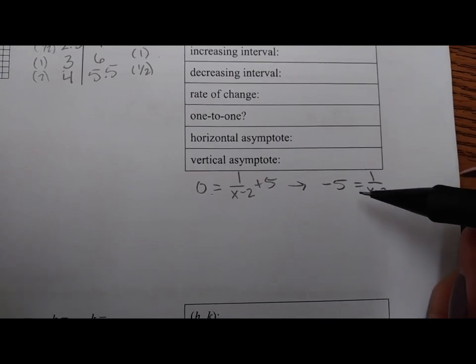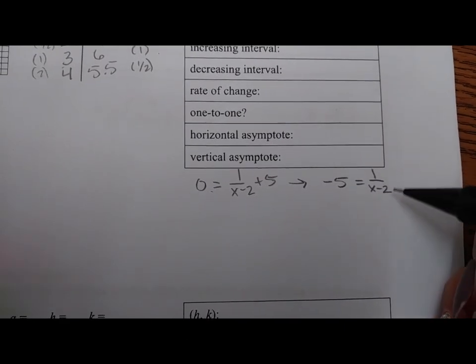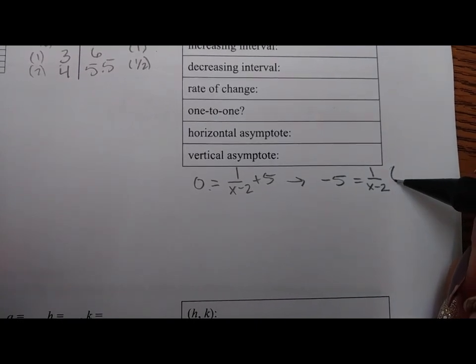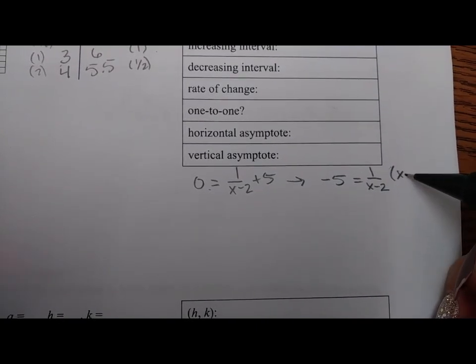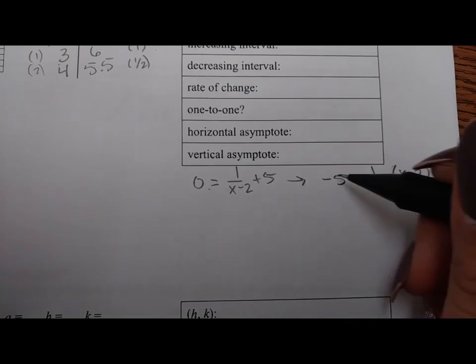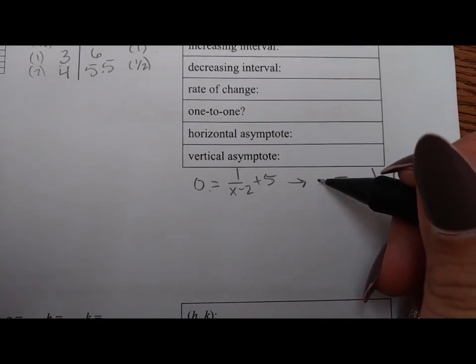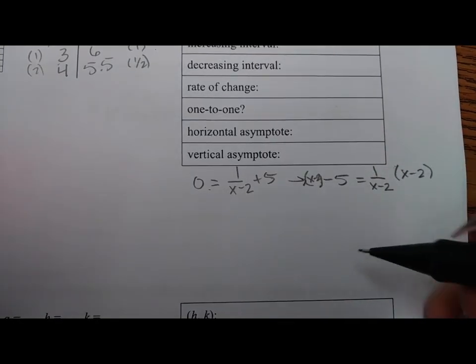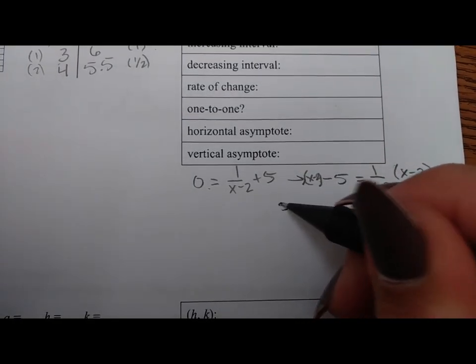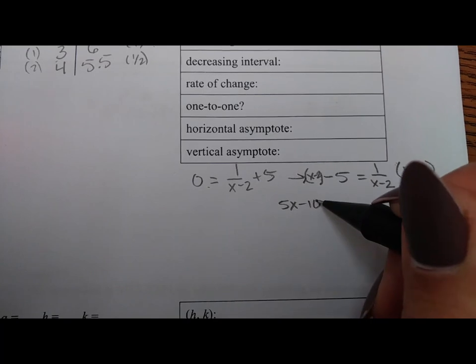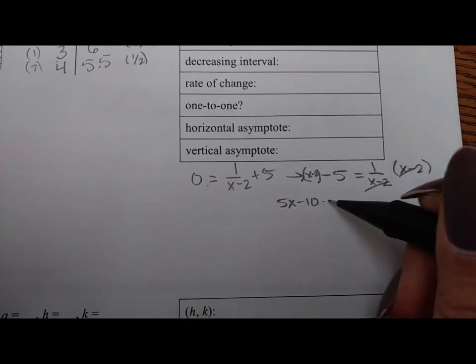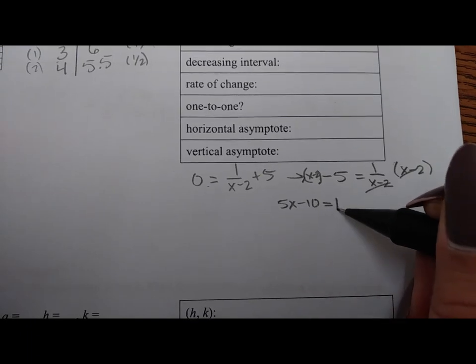Now we don't want x minus 2 in the denominator, so we're going to multiply top and bottom by x minus 2. And that means we have to multiply over here by x minus 2. Now we have 5x minus 10 equals 1.